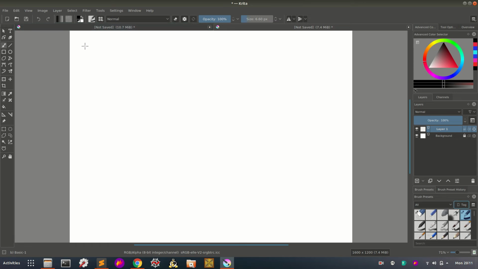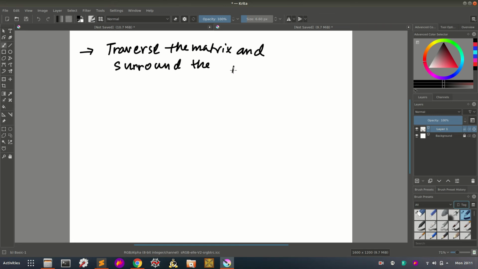After having done this, what we basically do is that we traverse the whole matrix and surround the bad persons with walls, like the way I showed.